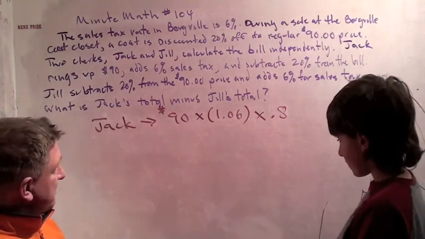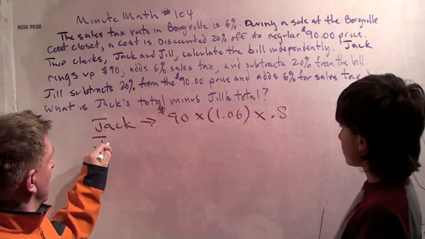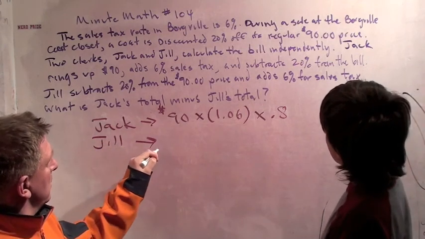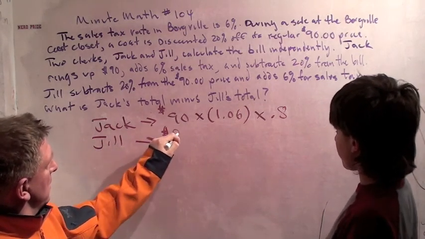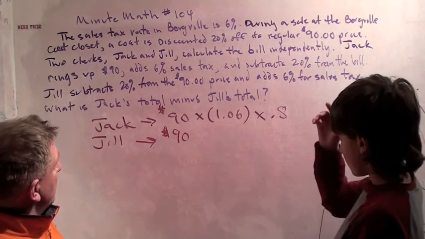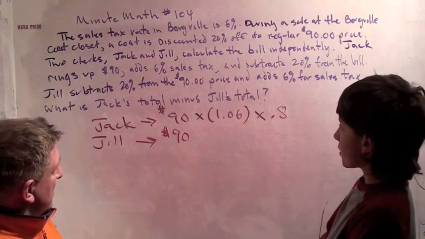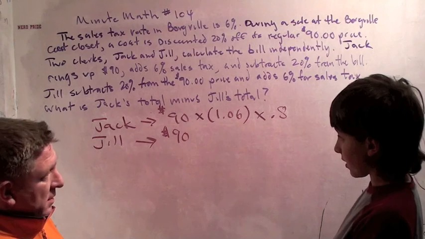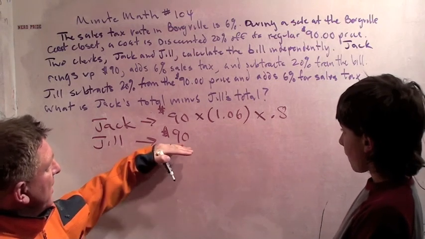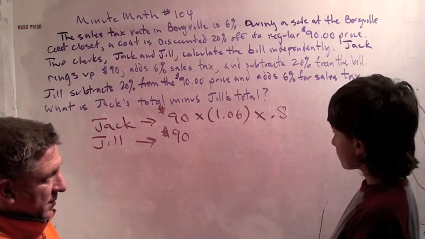Now, what's Jill going to do? She's going to start at 90, so what's she going to do next? She's going to subtract 20% from $90. So what do you multiply 90 by if you're going to subtract 20%?